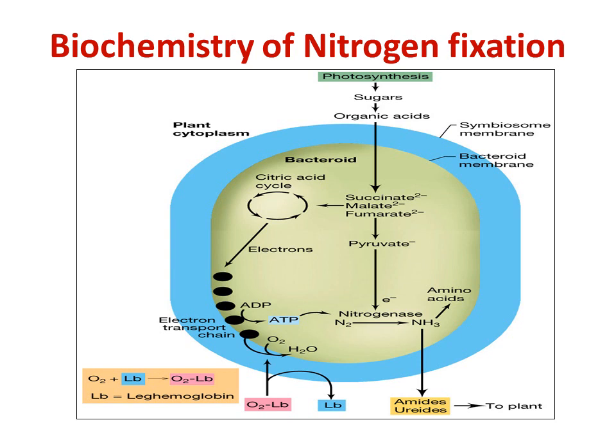So now let us study this in detail. Once the sugars are utilized by these bacteroids, they undergo glycolysis, and later enter the citric acid cycle, and finally the electrons and ATP are synthesized through the electron transport system.